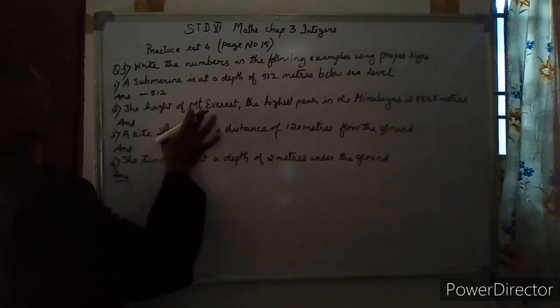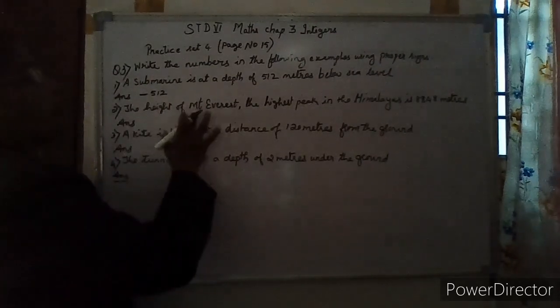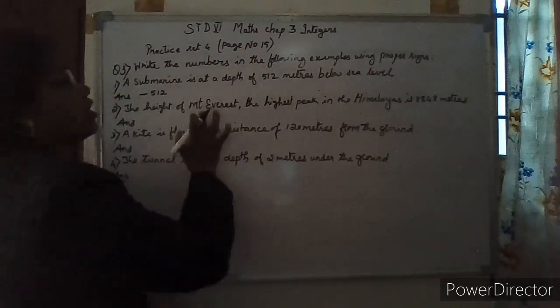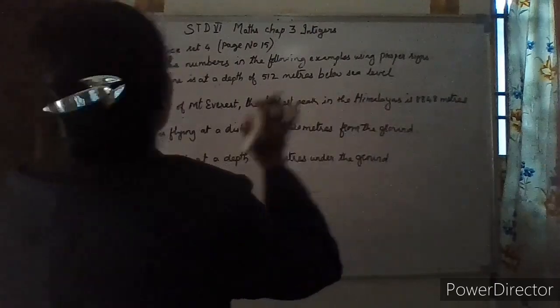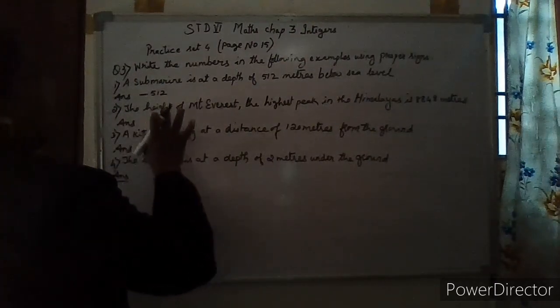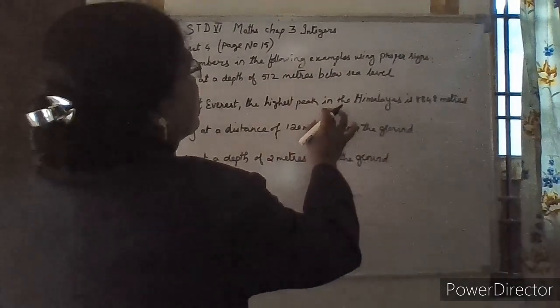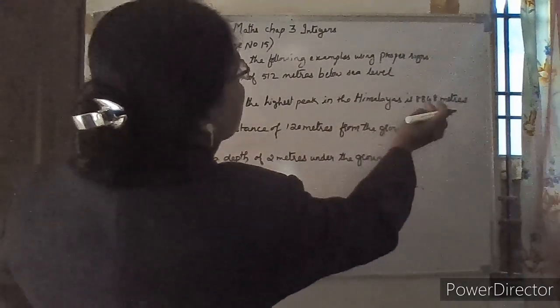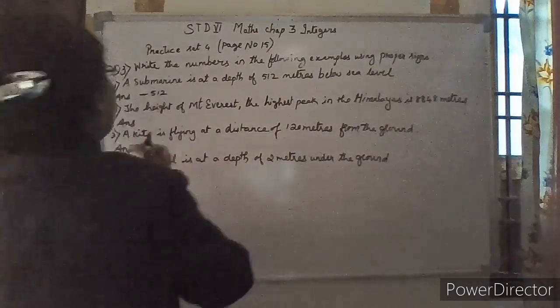The height of Mount Everest. It is a mountain or a peak in the Himalayas. The height of Mount Everest, the highest peak in the Himalayas, is 8,848 meters.